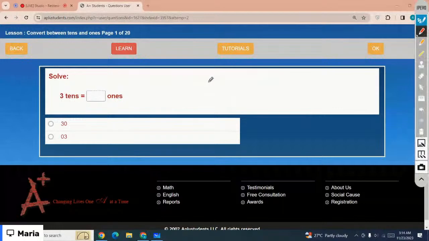Yes, that is. So from 1 till 30, you have 30 numbers. So you have 30 ones. 3 tens, 30 ones. Very good.